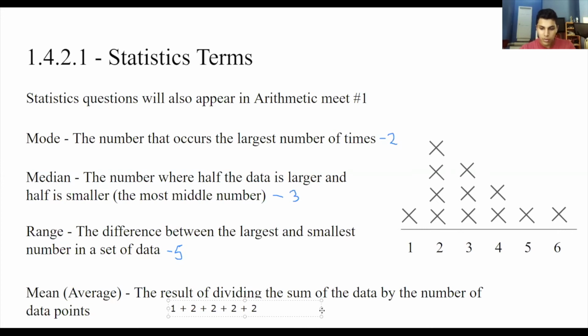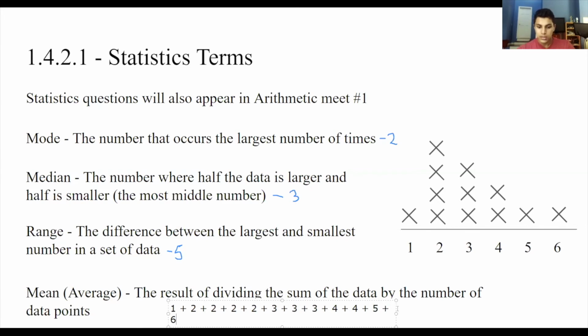And then I have 3 3s, so I would add 3 3 times, plus 3, plus 3, and then plus 3. I have 2 4s, so I'd add 4 twice. So plus 4, plus 4. I have 1 5, and then I also have 1 6. So 5 plus 6.